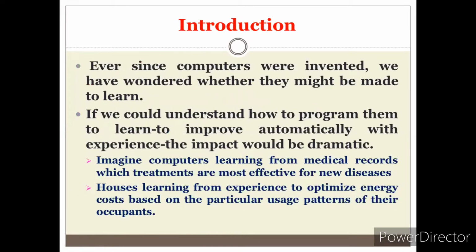First, let us see the introduction. In the introduction, what we can know here is that if we are able to make a computer learn by itself, then it will be helpful to the human world. That's the important thing we are going to cover here.